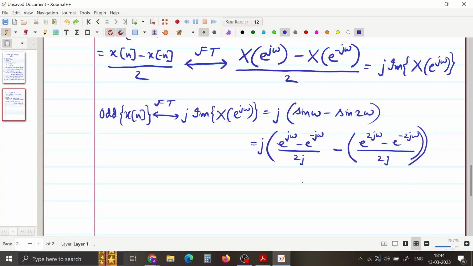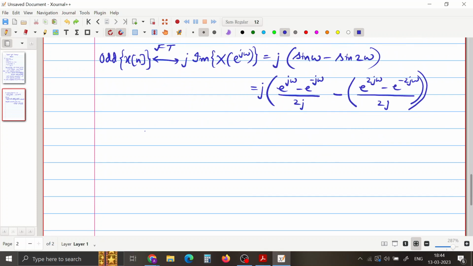Now this j gets cancelled. So what do we have? e power j omega minus e power minus j omega minus e power 2j omega plus e power minus 2j omega.